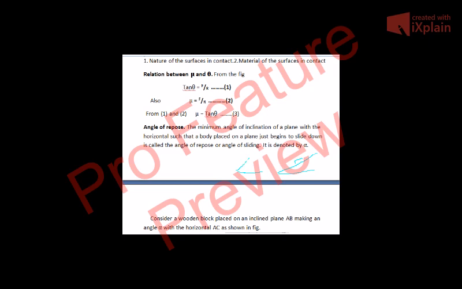When we increase the angle, the brick comes down. The brick slides down. So the minimum angle at which the body just begins to slide down is called the angle of repose. In the second case, this is the angle of repose.